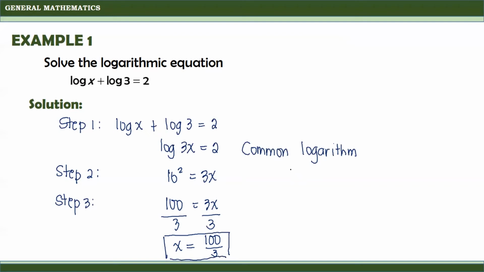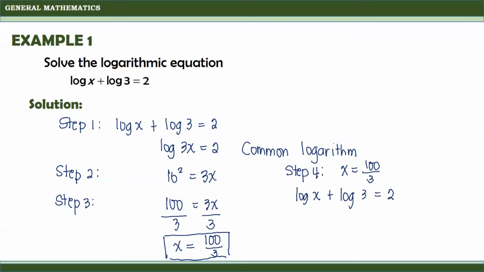Finally, for step 4, we will be checking if our answer is correct. To do that, we will be substituting x equals 100 over 3 to our given logarithmic equation, logarithm of x plus logarithm of 3 equals 2.